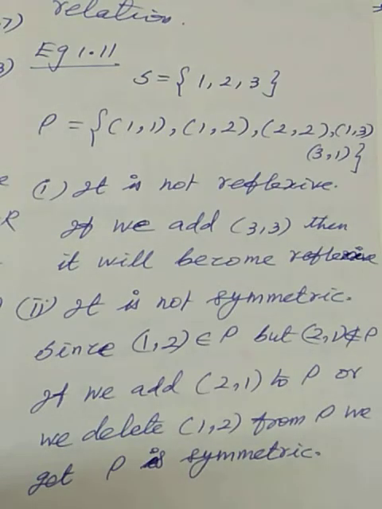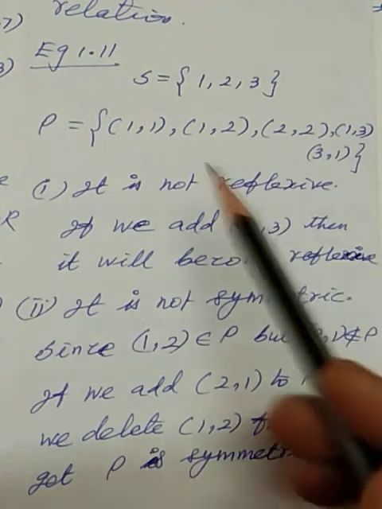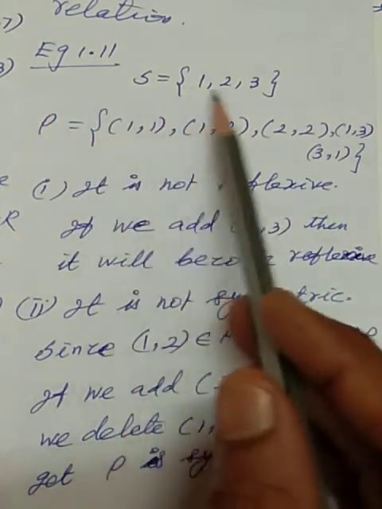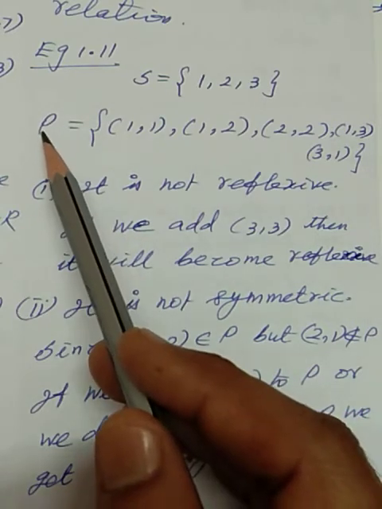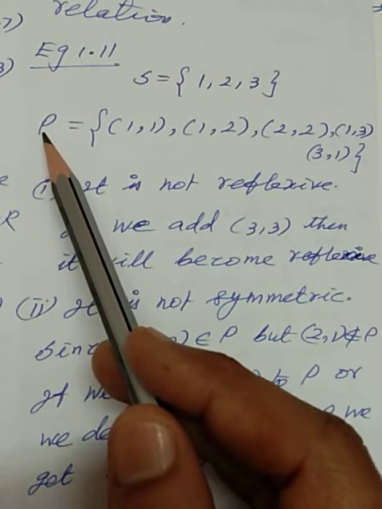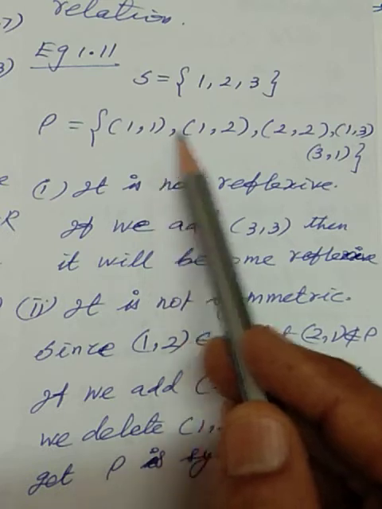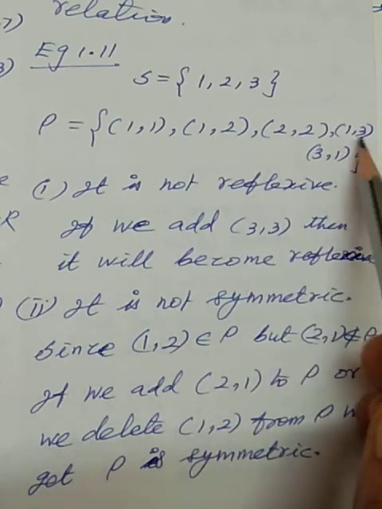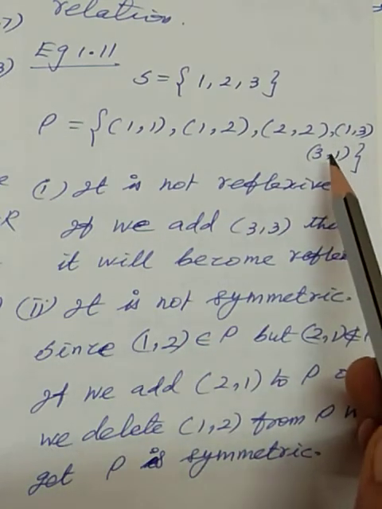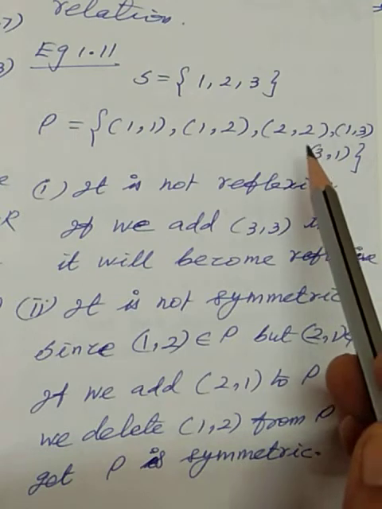And example 1.11, you see the book again. Let S equal to {1, 2, 3}, and here is a relation rho. Instead of R, they have given just a name, rho. So rho is defined as {(1,1), (1,2), (2,2), (1,3), (3,1)}. This is the relation defined in this example.